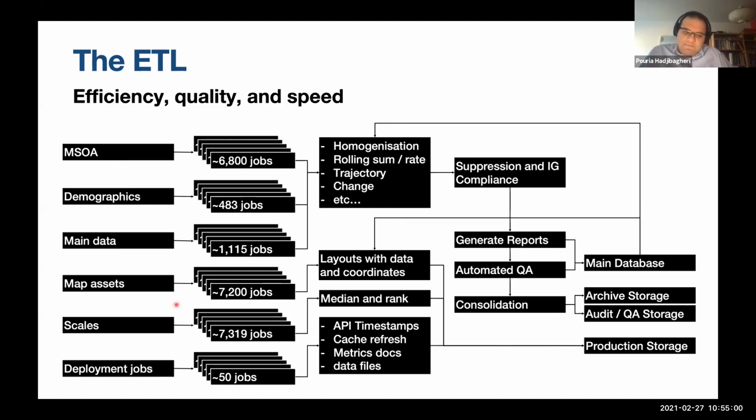So they get split into a whole lot of jobs, let's put it that way, and then a whole lot of processes are done that include suppressing parts of the data and ensuring that we are compliant with information governance policies, generating reports, submitting reports to certain bodies, having an automated QA system, making sure that we're not publishing complete nonsense, consolidation of data, which is then archived in a different format.